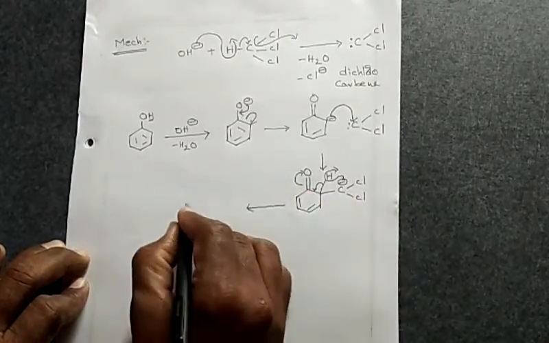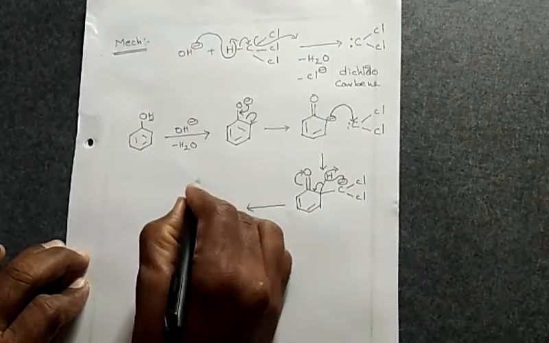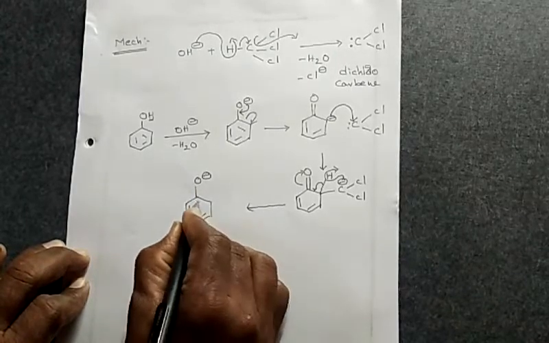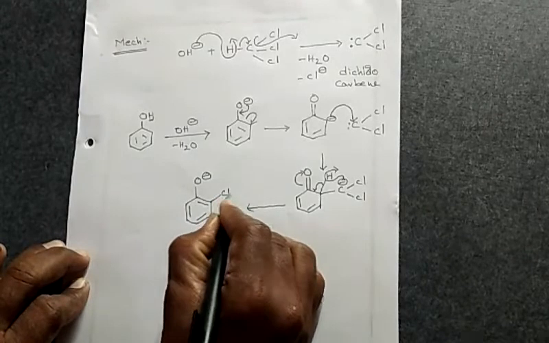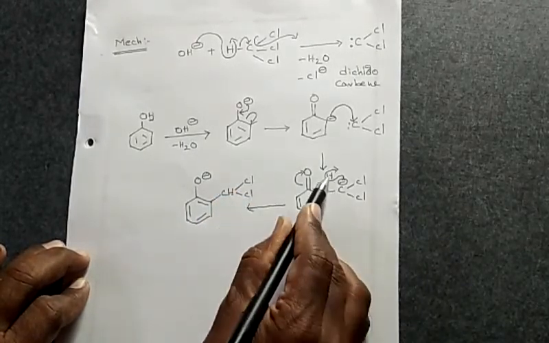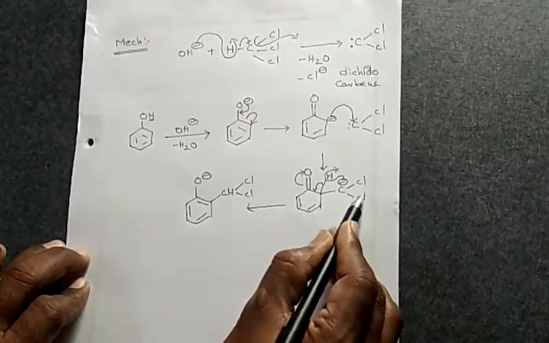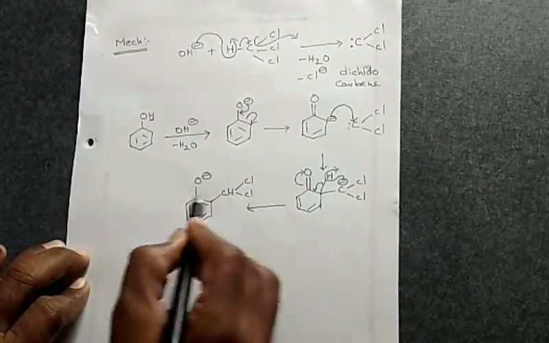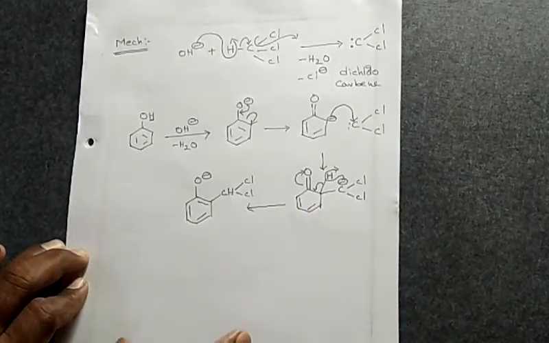Then this particular intermediate is formed. Now the aromatic character is regained. Now this has become CHCl2. Hope you have understood. C minus got attached with the H plus, becomes CH, and these are the two existing Cl bonds, and now this bond transfers into the benzene ring system and this becomes the O minus. Hope you have understood up to this.